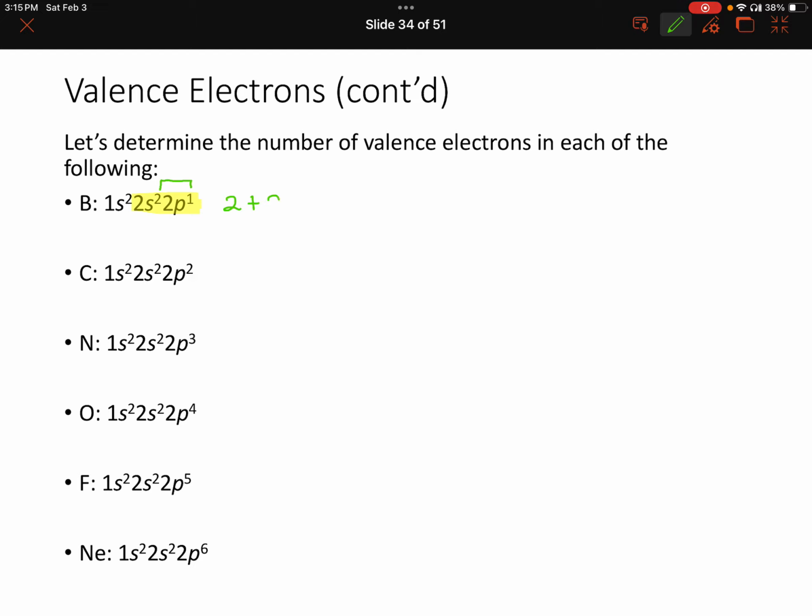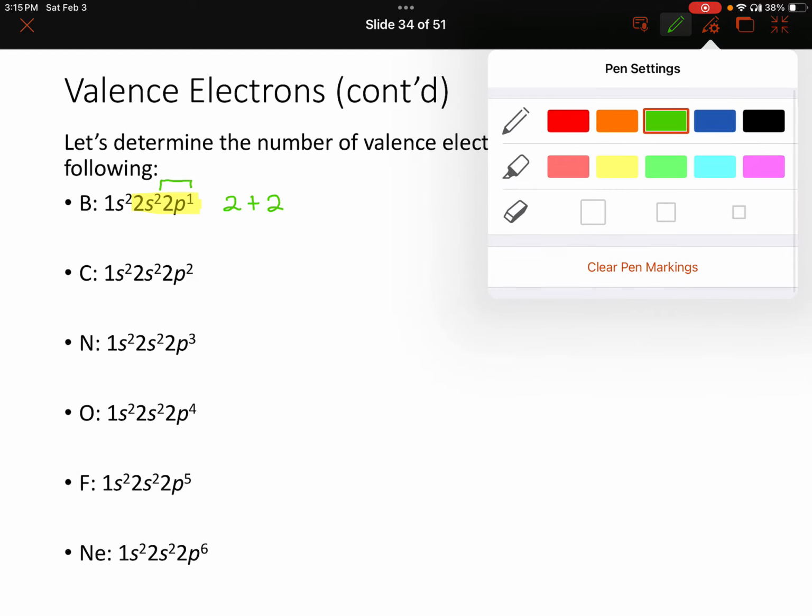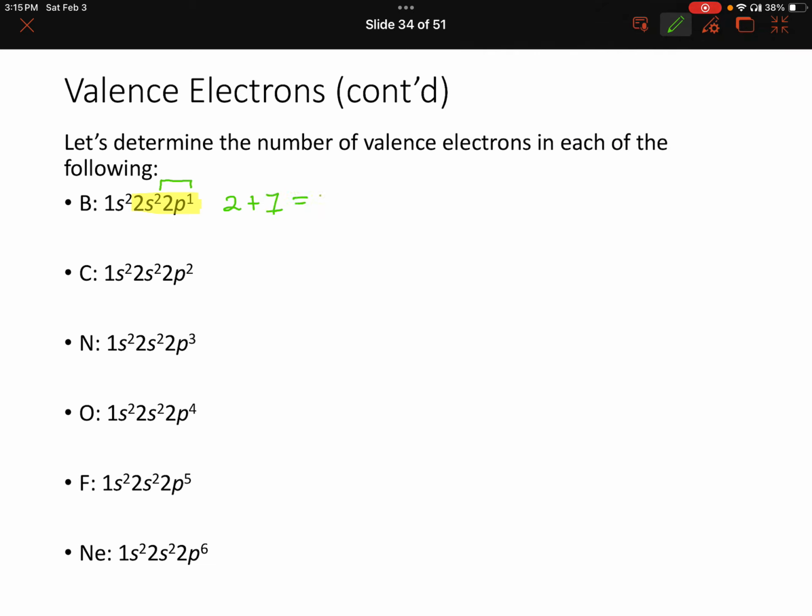So 2 plus 1, oh, whoops, I wrote 2 plus 2. That should be 2 plus 1 equals 3 valence electrons. And that's going to be true for each of these elements. Their valence electrons are all going to exist in energy level 2. So we can just add together these superscripts for each element.